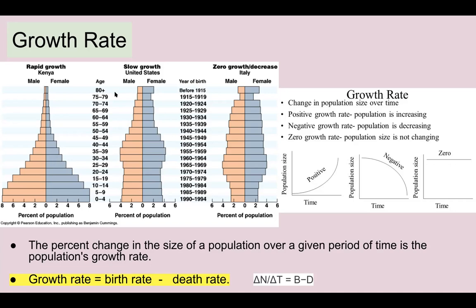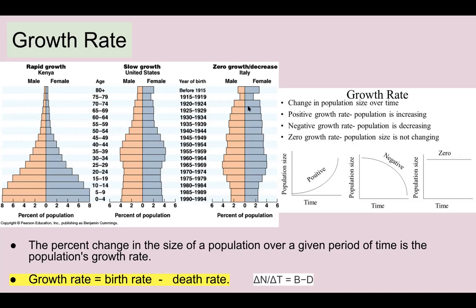And then here's another way to chart that information. This is with population growth rate, so you can compare the population growth rate of Kenya, the US, and Italy. If we take a look at Kenya, it's heavier or bigger at the bottom and more narrow at the top. That represents a rapid growth rate. Take a look at the US in the middle, it's kind of the same level throughout, and that represents a slow growth rate.